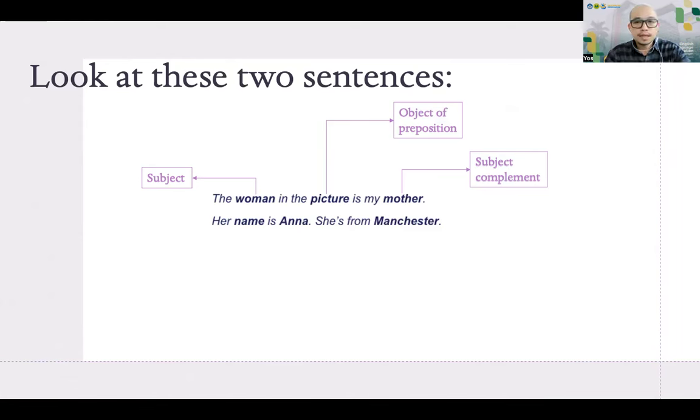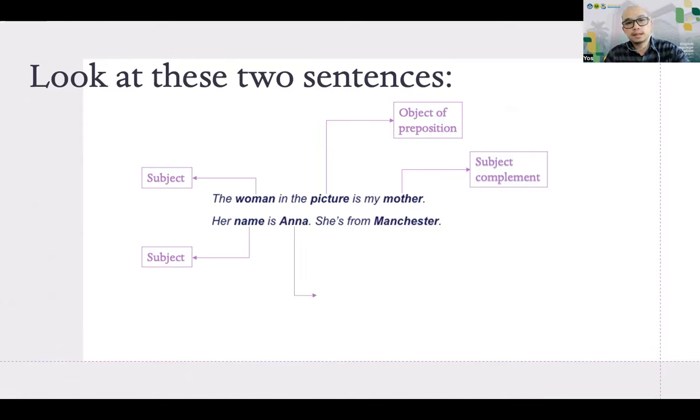What about the second sentence? The first noun that we can find is name. Like woman, name occupies the position of subject because the whole sentence, her name is Anna, is talking about or discussing the word name. So what about the word Anna?